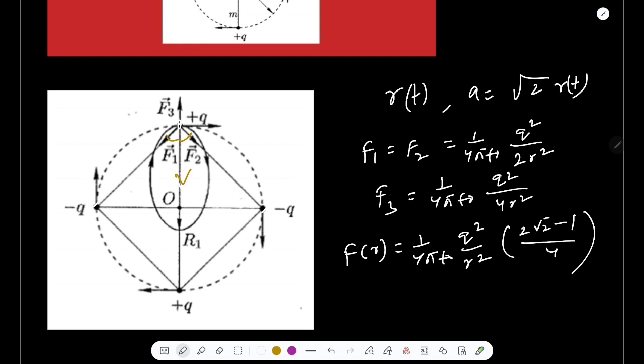Anybody can calculate this because there is nothing but addition.